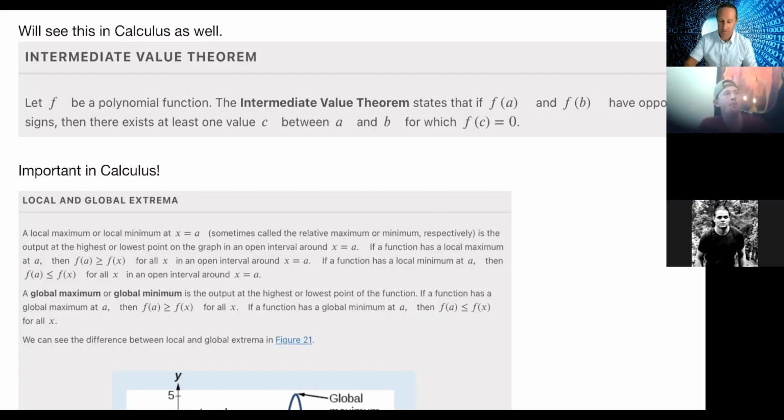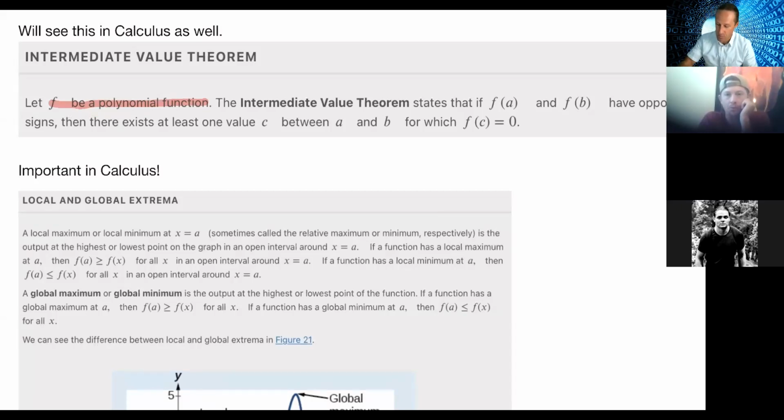Okay, it says that if you have a polynomial function, now, to us, that's all we're going to do in this class. When you guys get to calculus, it won't necessarily just be those that you'll be finding these intermediate values, okay?